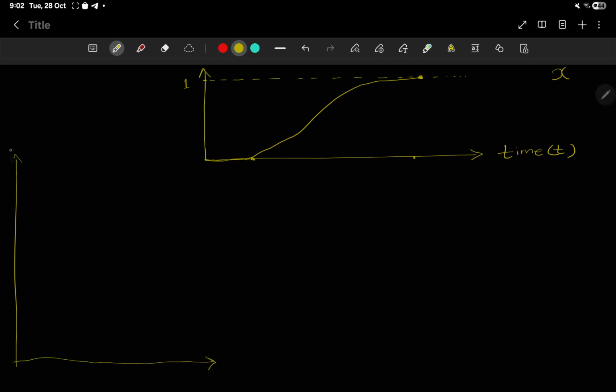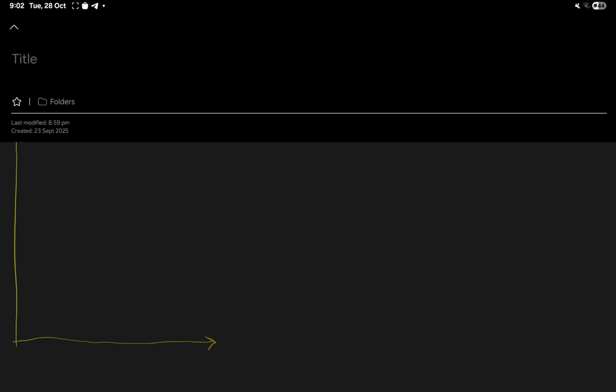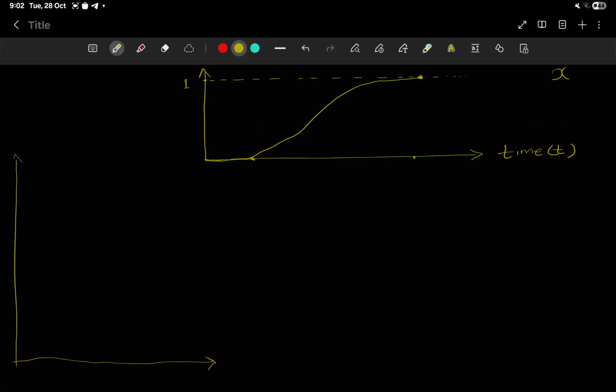So this will be dx by dt, and here we will plot a graph for the normal distribution curve.